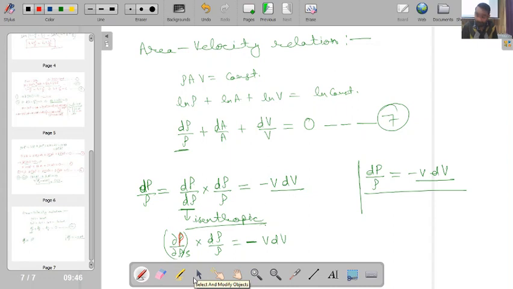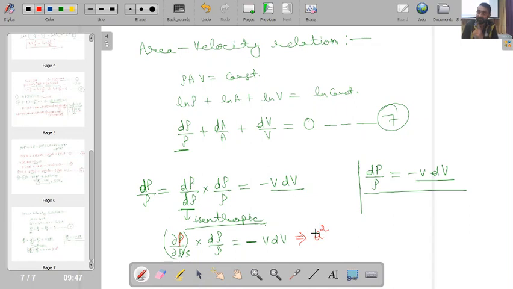What is del p by del rho at constant entropy? If you recall from our very initial lectures, del p by del rho at constant entropy is equal to the square of the speed of sound. We have seen earlier that propagation of a sound wave is an isentropic process, and relating the variation of pressure and density for a sound wave gives the square of the speed of sound.